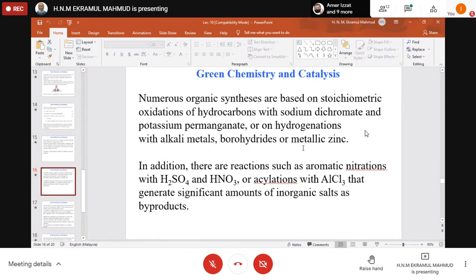So these are the organic syntheses carried out for this reaction, that is your oxidation of hydrocarbons with sodium dichromate, potassium permanganate, or on hydrogenations with alkali metals. In addition, there are reactions such as aromatic nitrations with sulfuric acid and nitric acid, or acylations with aluminum chloride, that generate significant amounts of inorganic salts as byproduct.